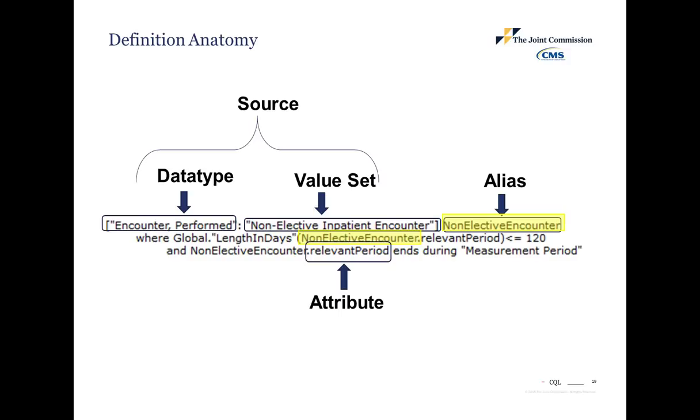Next, we have a value set, which defines or specifies the kinds of data or codes that we are looking for relative to the QDM category. Ultimately, these are the codes and the logic we're looking for within the EHR. So in this example, the value set of non-elective inpatient encounters consists of a SNOMED code.